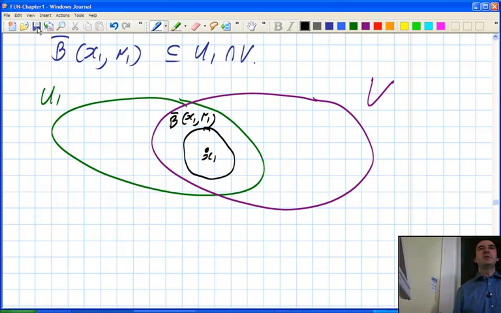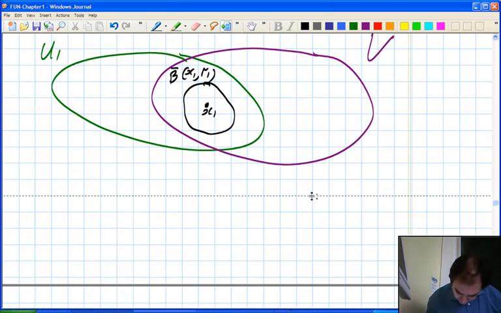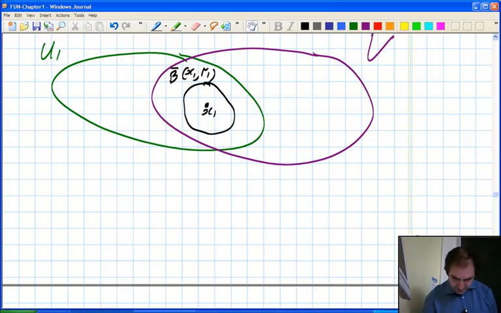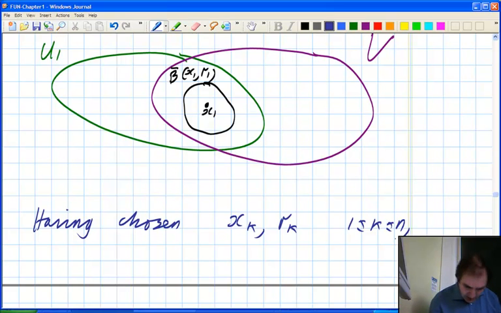Now the question is, how do we choose the closed ball centred on xn plus 1, radius Rn plus 1, once we've chosen xn, Rn? So having chosen xk and rk for 1 less than or equal to k less than or equal to n, we'll choose xn plus 1 and Rn plus 1 as follows.